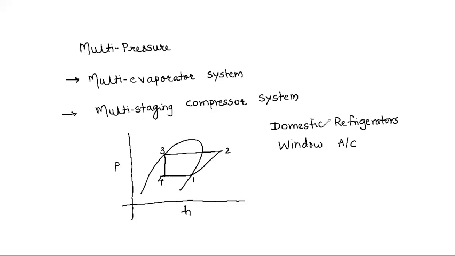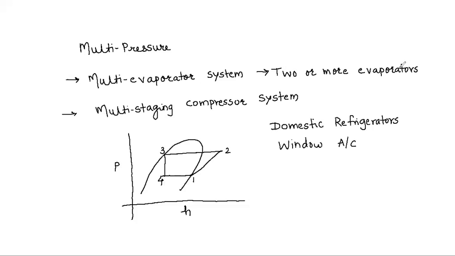When I say that we need to understand what multi-pressure systems are, either we can think of two or more evaporators, or we can think of two or more compressors with intercooling in between.